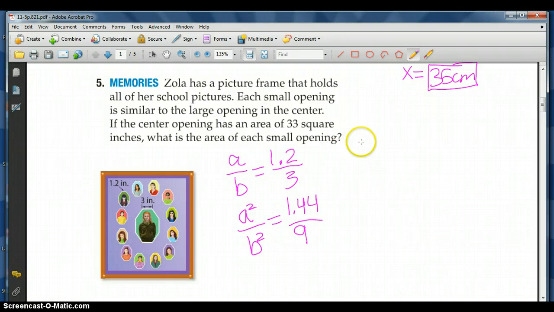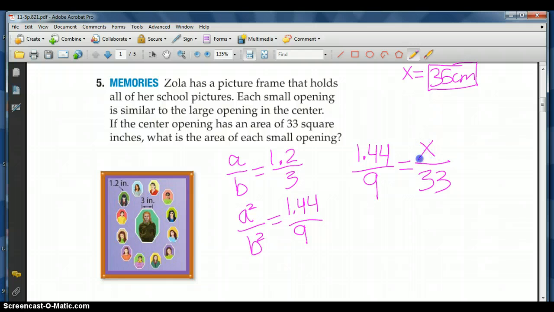So if the area of the small to the large is a 1.44 to 9 ratio, and it tells us that the center opening has an area of 33 square inches, we want to put that in the correct spot, so that corresponds to the larger number. So the area here is 33 square inches.